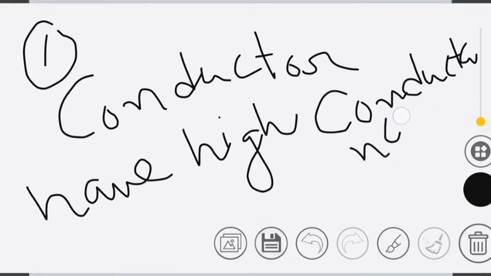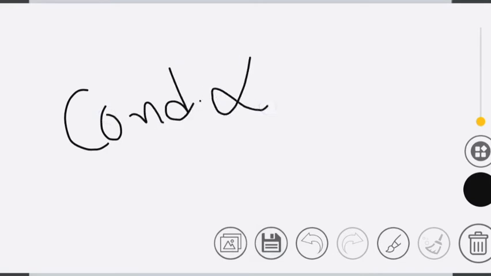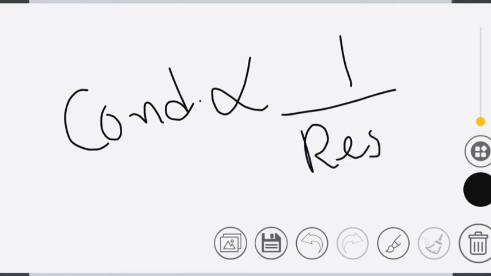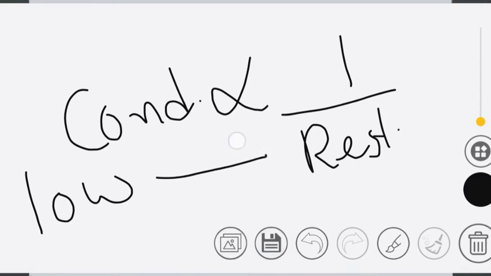Now because they have high conductance, and we know that conductance is inversely proportional to resistance, because of high conductance, the resistance will be low. Clear? The resistance of conductors is very low.